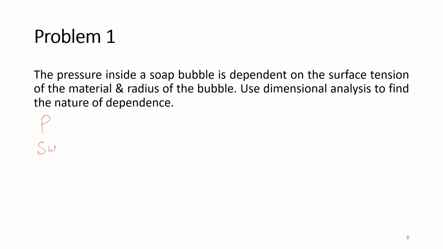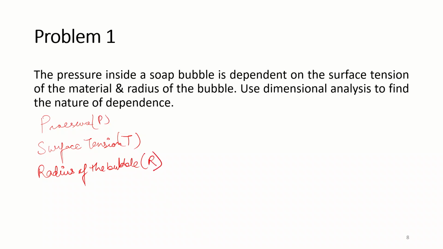Surface tension is usually denoted by T. Pressure P, and radius of the bubble R. So basically you can tell that pressure is a function of T and R.